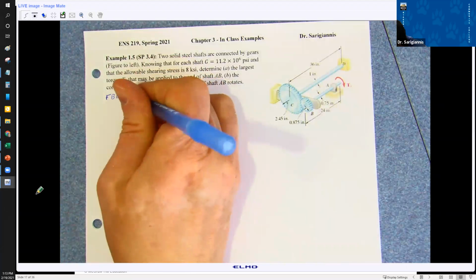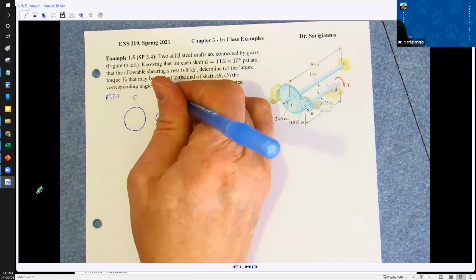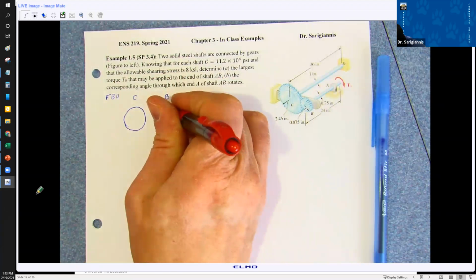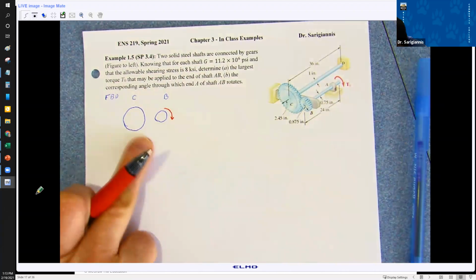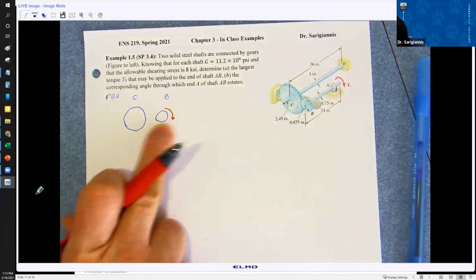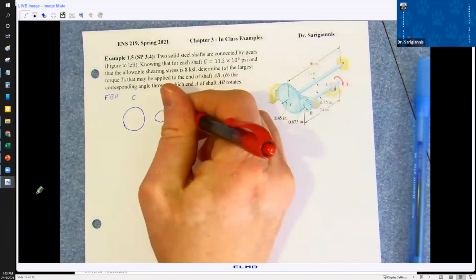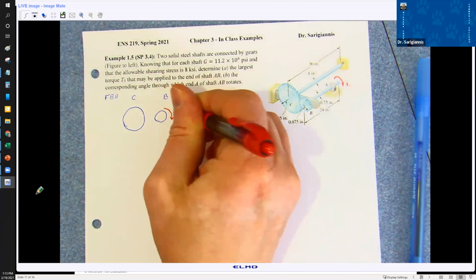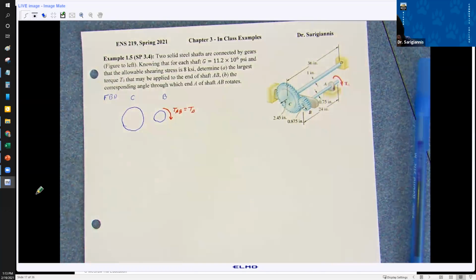This is C, and this is B. Again, this is looking head on from the front. This is T naught, obviously, but this is the torque AB, which equals T naught. That's the torque being applied at A.